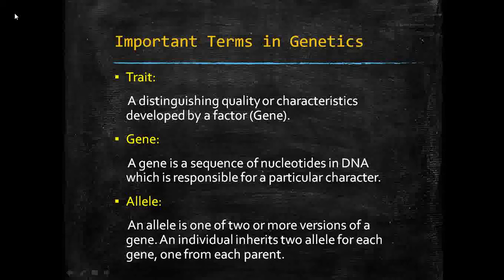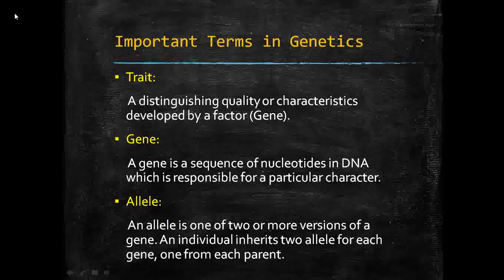Next term is allele. An allele is one of two or more versions of a gene. An individual inherits two alleles for each gene, one from each parent. The two alternative forms of a gene are called alleles of each other.